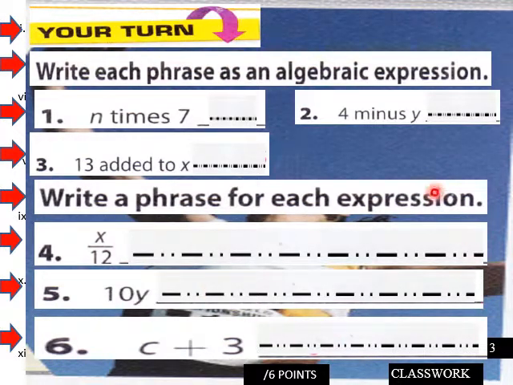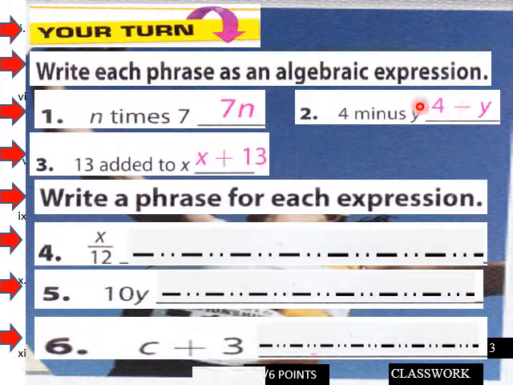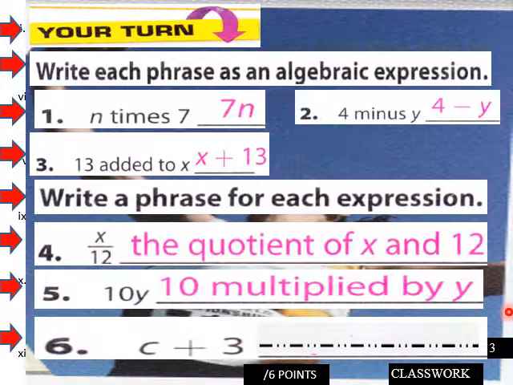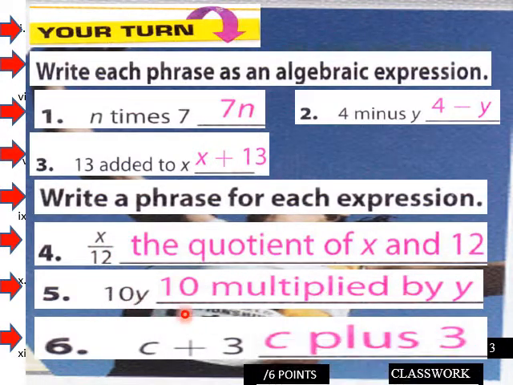Teachers, wait about 3-4 minutes. 7n, 4 minus y, x plus 13. The quotient of x and 12, we have a fraction bar here. 10 multiplied by y, and then c plus 3. Page 3 on your classwork.